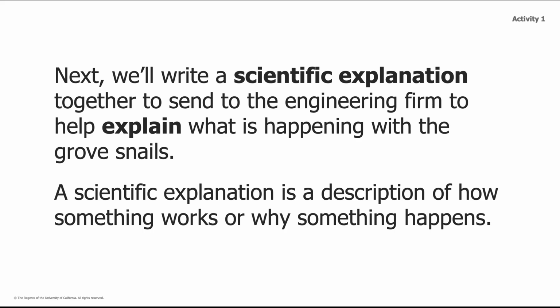Scientists often write explanations about how things work or why things happen. They write explanations for the scientific community as well as for others who are not scientists, such as students. In this way, many people can learn from scientists' investigations and thinking.